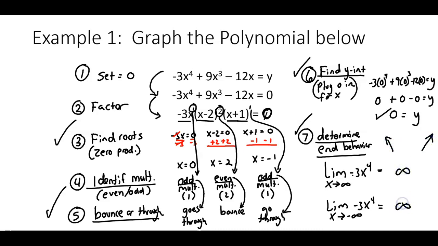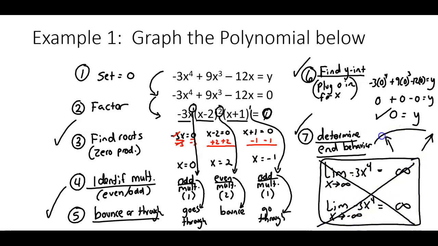So they're both infinity. Now, you actually don't need to write this part to get our graph. You can. We really just want to know what the graph is going to look like. So for step 7, if you want to just draw the picture and not write the limit notation, that's totally fine. But there we have it.